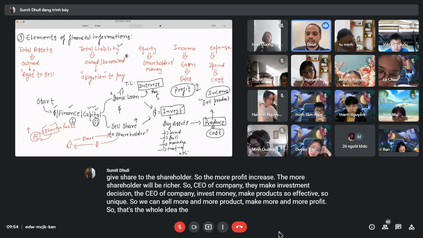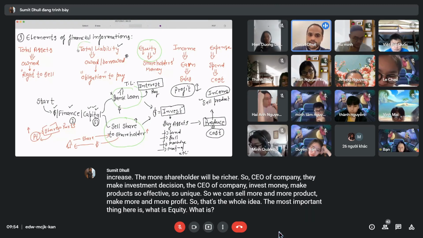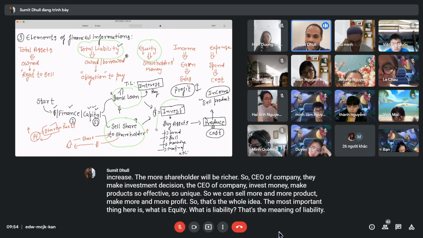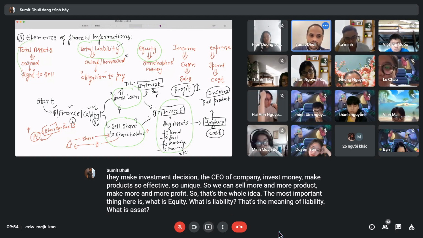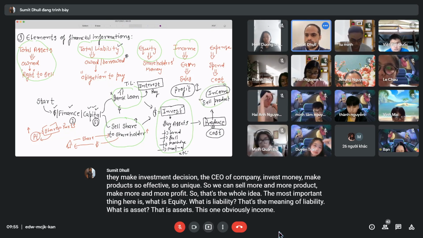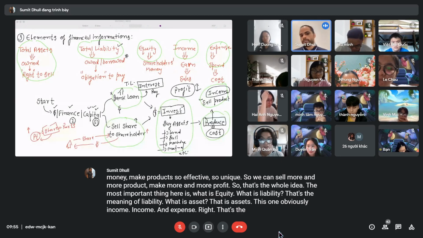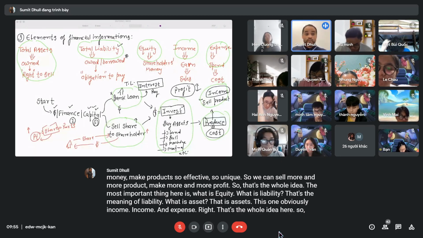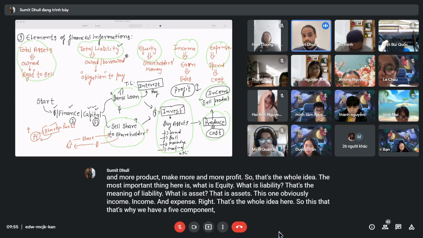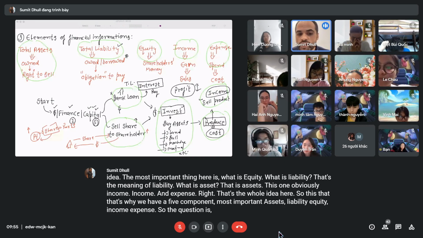The most important thing here is what is equity, what is liability, that's the meaning of liability, what is asset, that is assets. This one is obviously income and expense, right? That's the whole idea here. So that's why we have five components, most important: assets, liability, equity, income, expense. So the question is, which comes first?